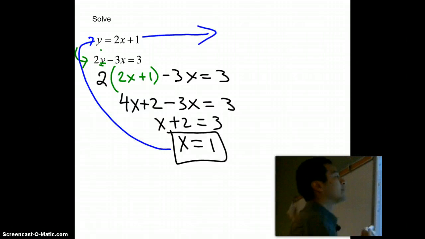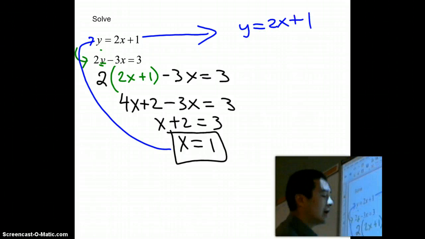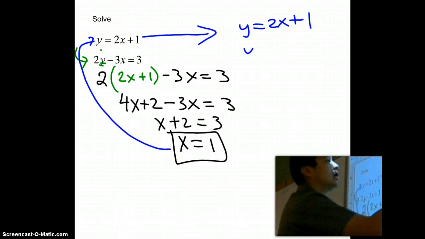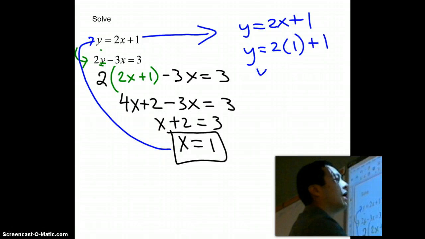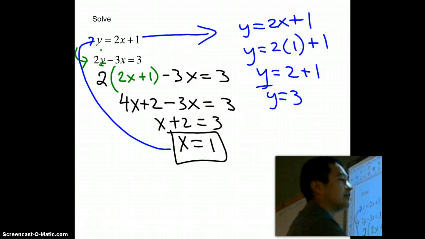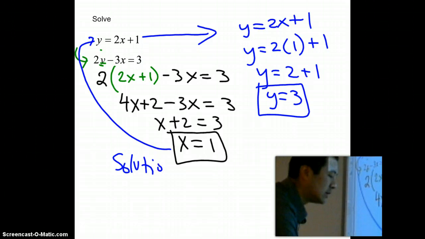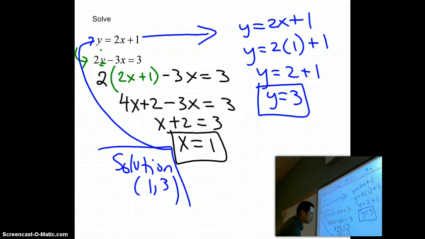That's going to be y equals 2x plus 1. I know what x is. It's 1, so I'm going to substitute that 1 for x. Y equals 2 times 1 plus 1. Y equals 2 plus 1. Y equals 3. Therefore, my solution is (1, 3). This is the point where they both cross.